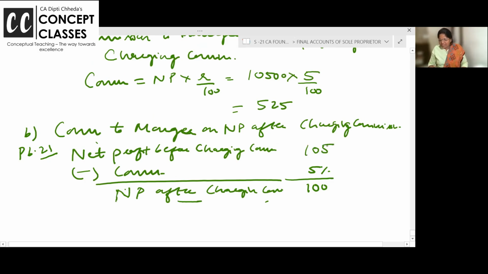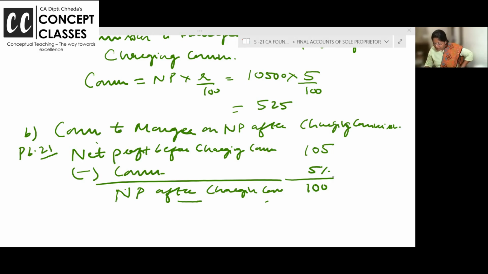Then before charging, will it be 105? Take your time. Some of you may have done this earlier. Some of you are doing it now for the first time. So is this clear? Net profit after charging the commission is 100. Commission is 5. Net profit before charging will be 105.